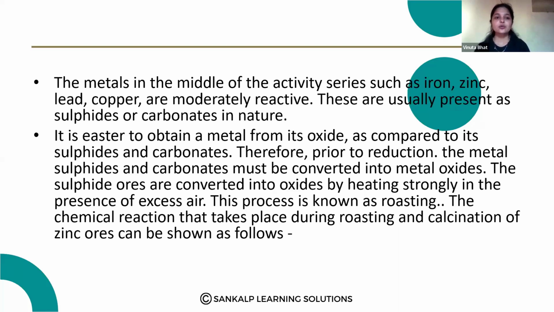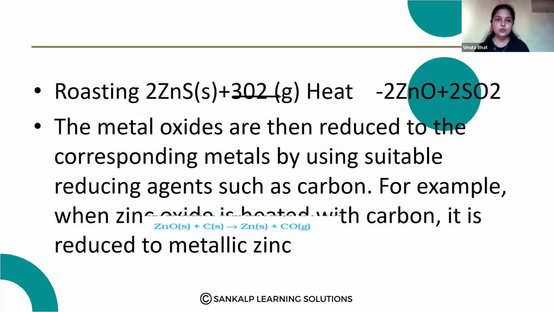The sulfide ores are converted into oxides by heating slowly in the presence of excess air. That is known as roasting. The chemical reactions that take place during roasting and calcination of the zinc ores are given here. In the roasting process, zinc sulfide in the presence of oxygen, when heated, converts into zinc oxide and sulfur dioxide.